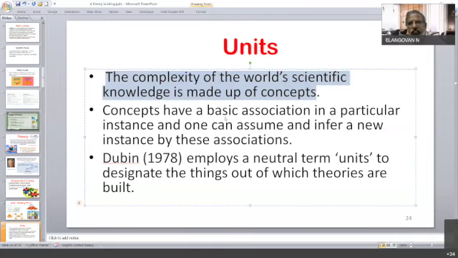Concepts have a basic association in a particular instance, and one can assume and infer a new instance by these associations. That is what helps us to keep doing research. These concepts are related at one point of time.